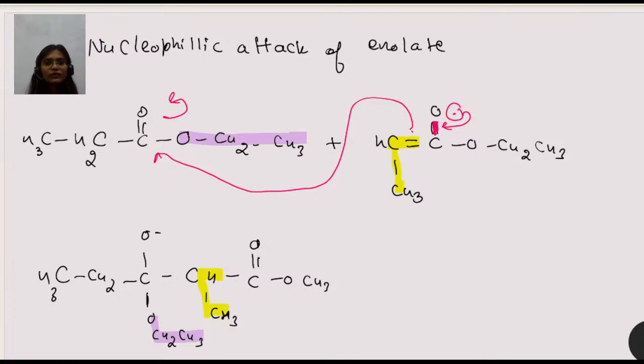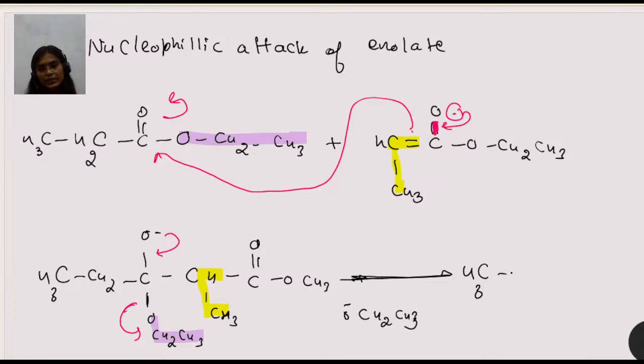Now the next step is the removal of the leaving group, the third step. As I just explained, the O negative attacks here, and you know that ester is a very good leaving group. Once this group leaves, CH2CH3 and O negative are released, and then we get CH3CH2 double bond O and CH3, CO, O, CH2, CH3.